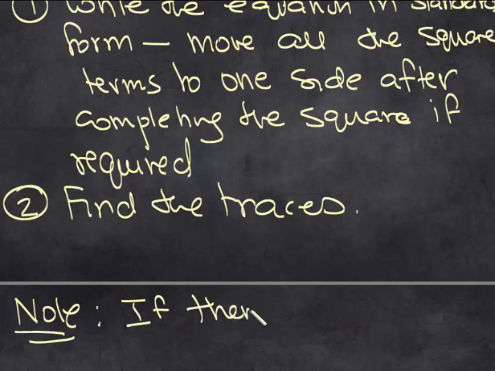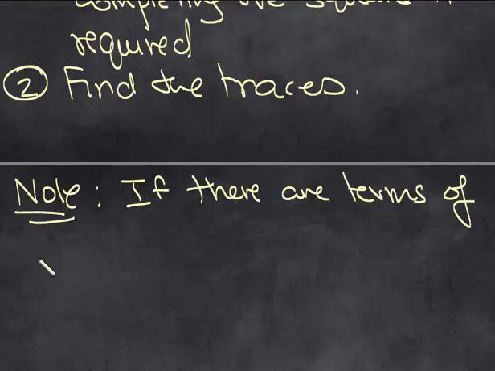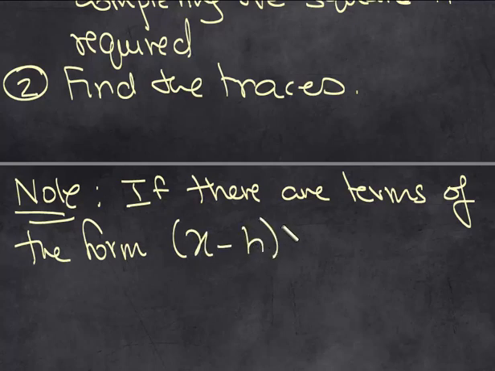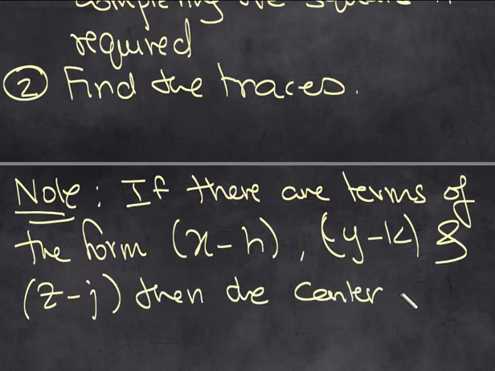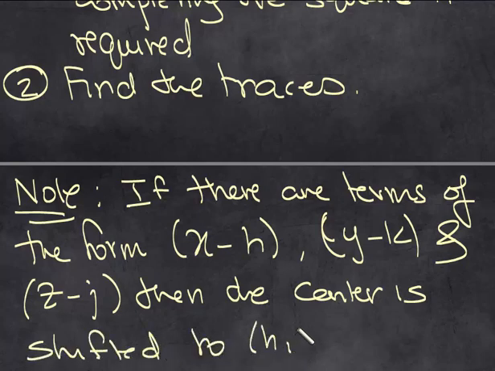If there are terms of the form x minus h, y minus k, and z minus j, then the center is shifted to h, k, and j. Okay, then the center is shifted to h, k, and j.